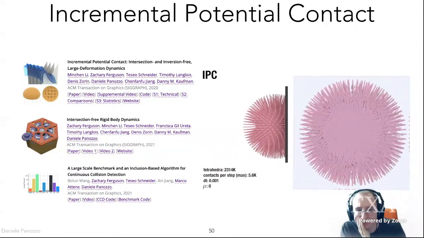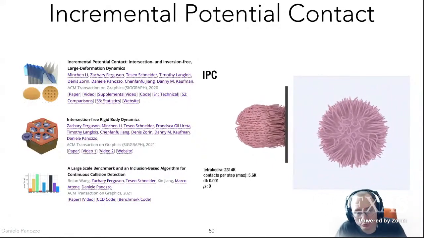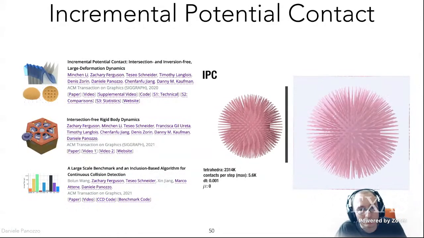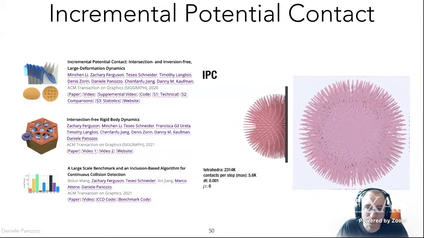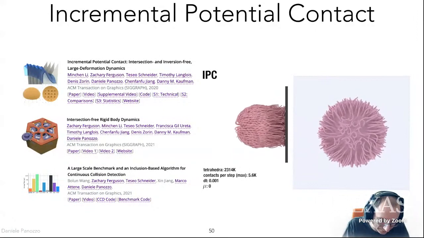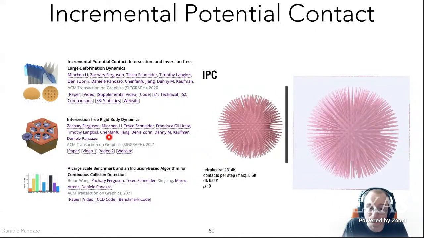And one of the major improvements that we did in this series of work, this is a collaboration between NYU, Adobe, and UPenn. We have multiple papers in this direction. The original one was published last year, and this is IPC. Then this year at SIGGRAPH, we are presenting an extension of IPC for rigid bodies.